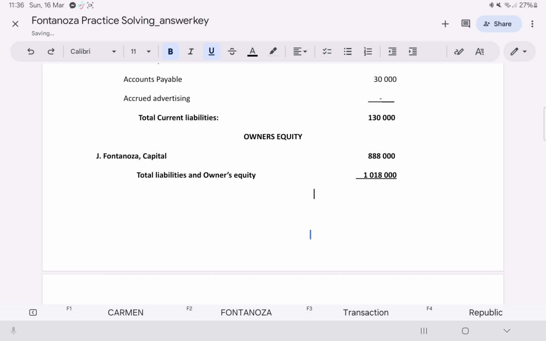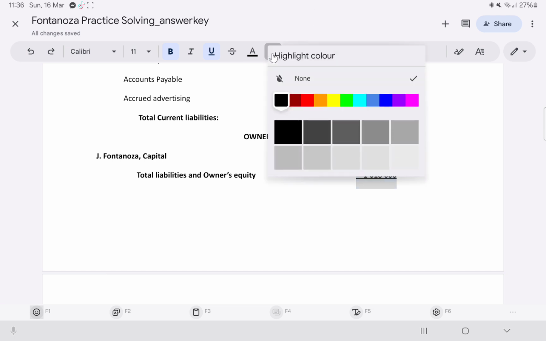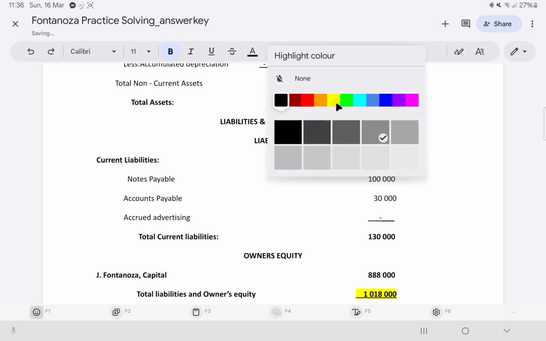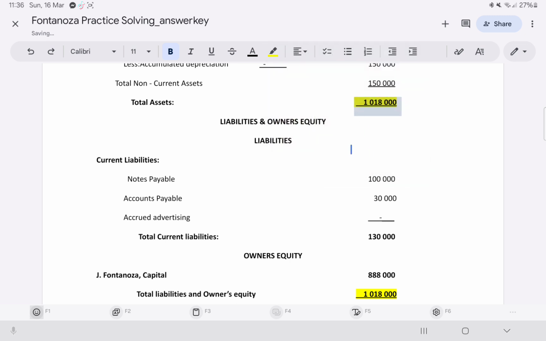I cannot double line here, but instead of a double line I will be highlighting yellow for you to determine that the assets and the liabilities plus owner's equity are balanced.